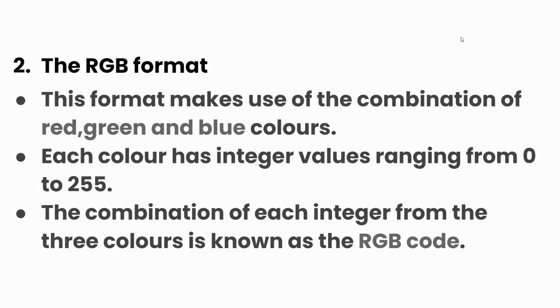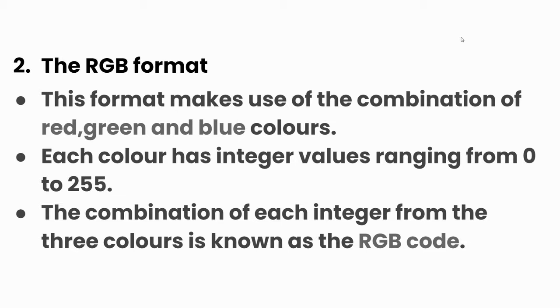Any number in between depicts other color variants, depending on how thick you want the color to be or how light you want the color to be. Also for green, 255 is the darkest color variant, and for the blue also.